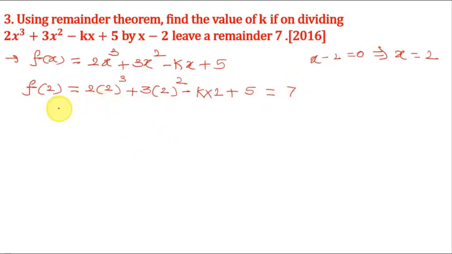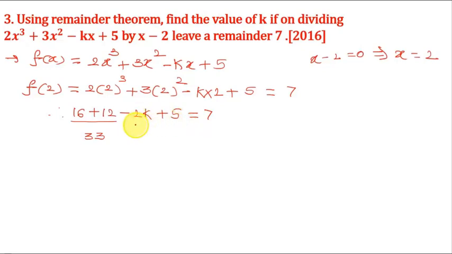Now simplify this and you will get 2 into 2 cube. 2 cube means 8. 8 into 2, then you will get 16 plus 3 into 2 square, that is 12 here. Then minus 2k plus 5 is equal to 7. Now 12 plus 16 is 28. 28 plus 5, then you will get 33.